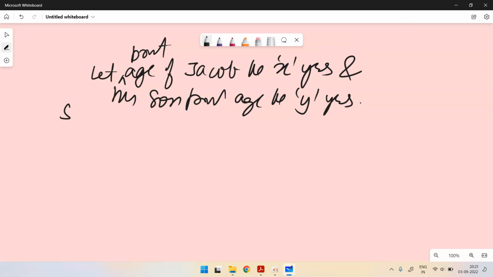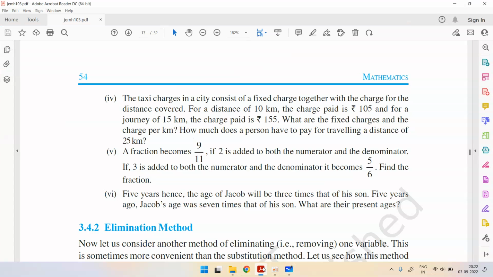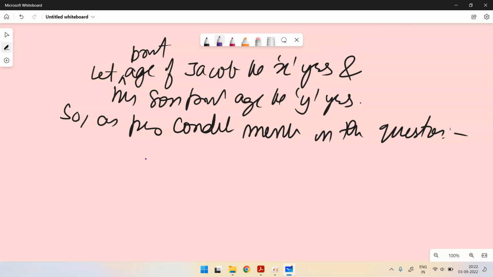So, as per the condition mentioned in the question, 5 years after this, Jacob will be 3 times his son's age.